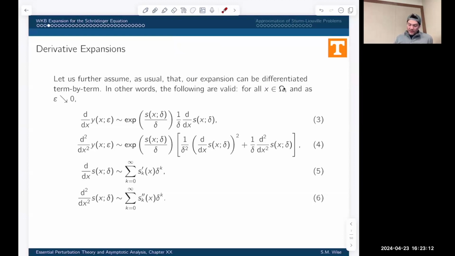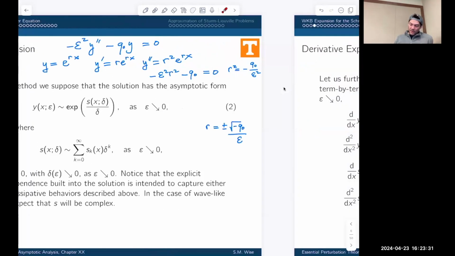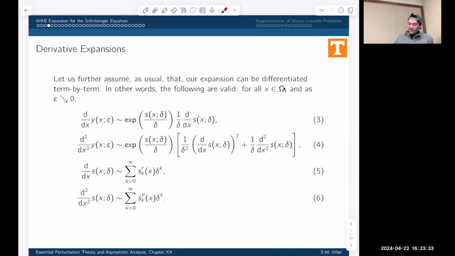As usual, we're going to assume that if I take the derivative of y, that can be accomplished by term-by-term differentiation of my asymptotic expansion. Now, this doesn't look like a natural asymptotic expansion because it's the exponential of an expansion. We're going to assume, however, that it is term-by-term differentiable, so the derivative of y is just the derivative of my expansion.